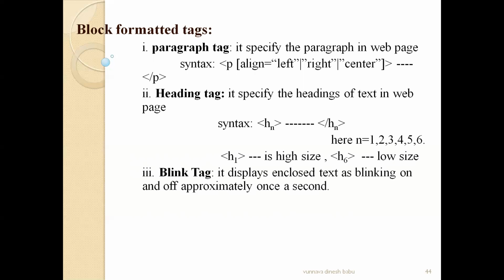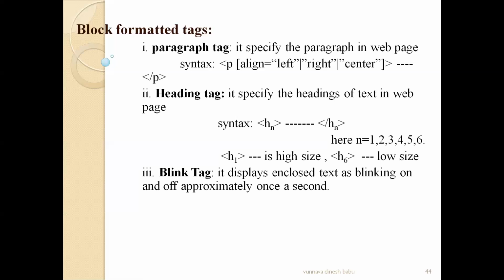And blink tag. This tag was not covered in the last session, I think. We can observe on some screens or some web pages that some text will be on and off. The text will be on for a second, and then immediately the text will go off for a second, and again it will be displayed, and then it will be hidden.